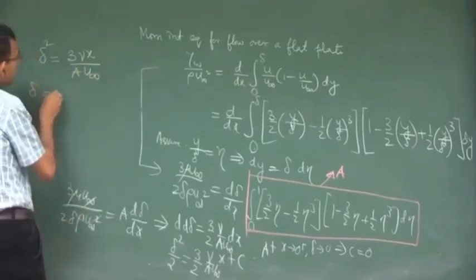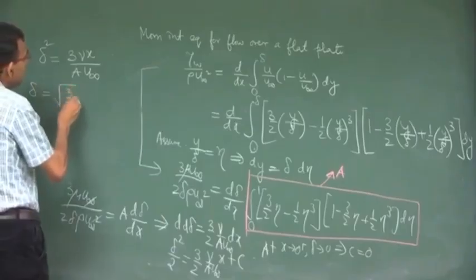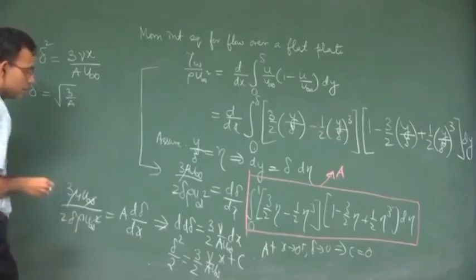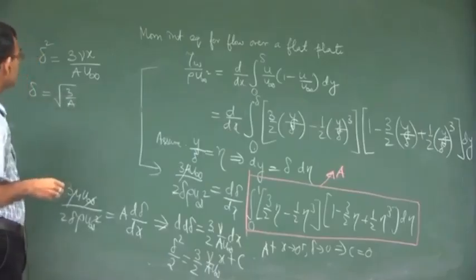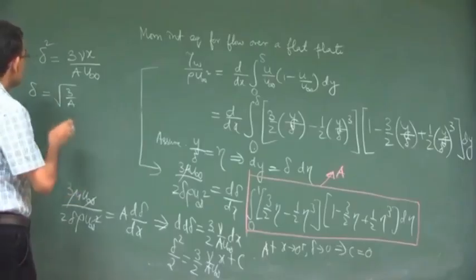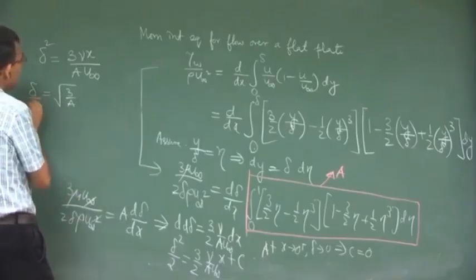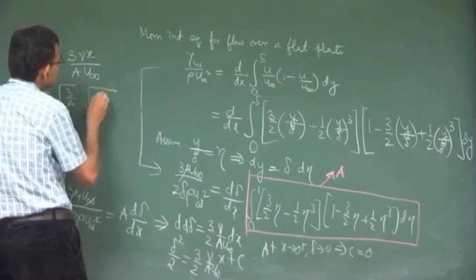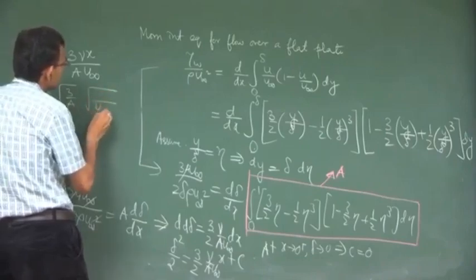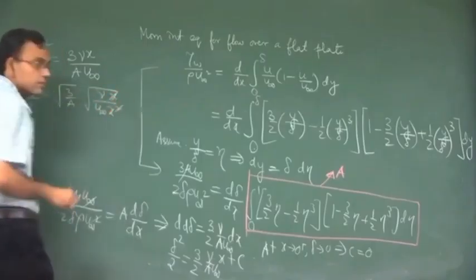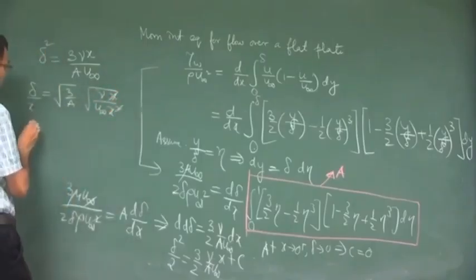So, delta is square root of 3 by a into, so you write delta by x.